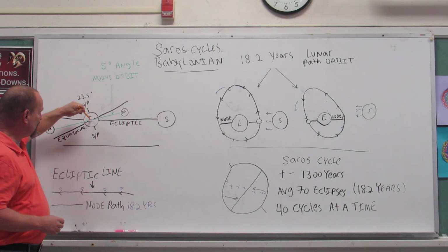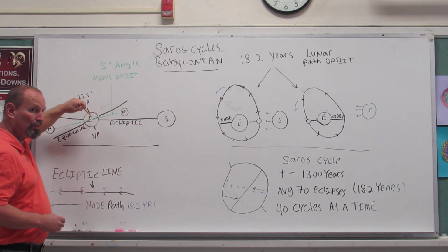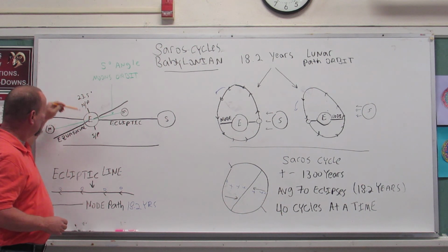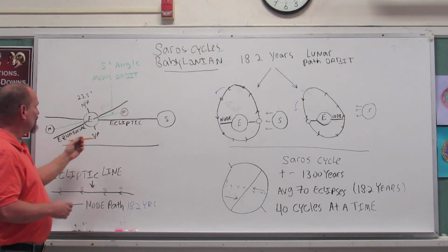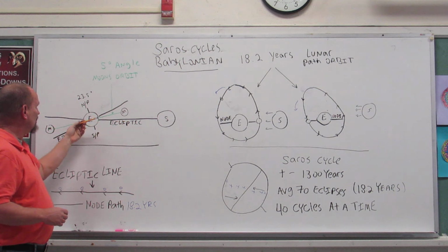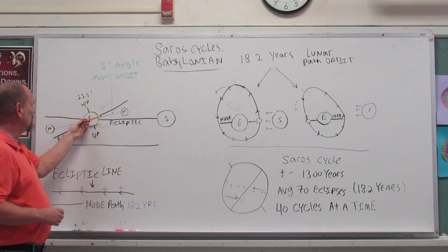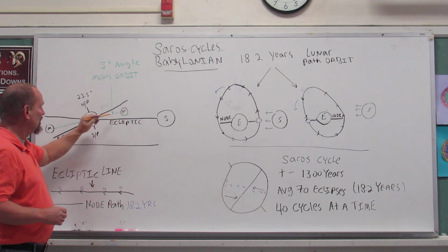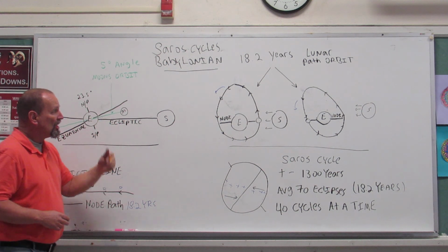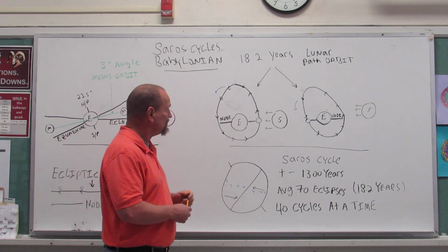Your nodes would actually be right here. This is the point where eclipses would actually take place. Here's your North Pole, your South Pole, angled at 23.5 degrees. So here's your ecliptic line, here's the equatorial line, and here's the lunar orbit line, angled at 5 degrees off of the ecliptic line.